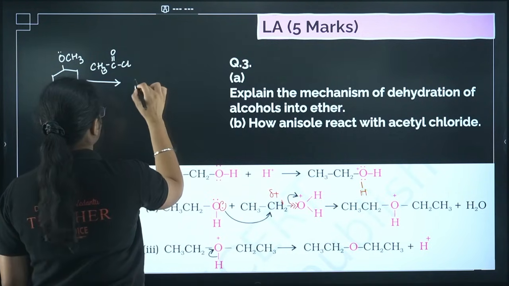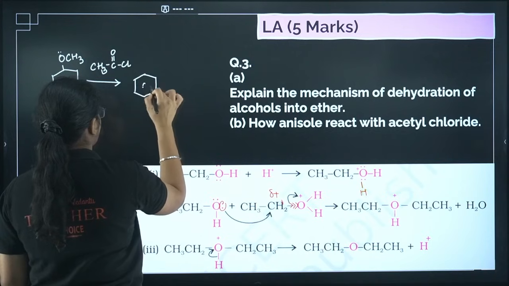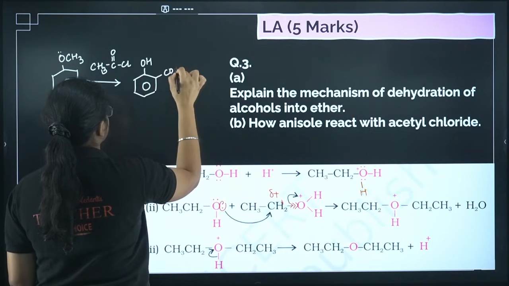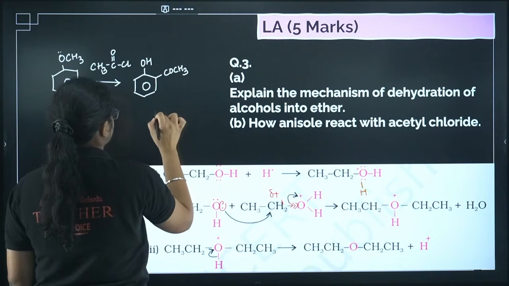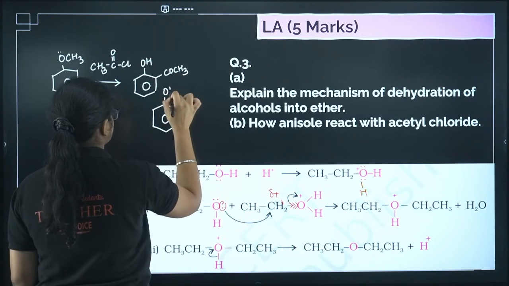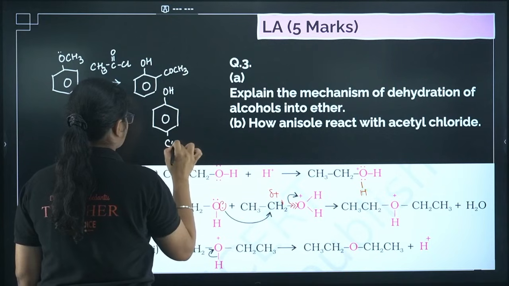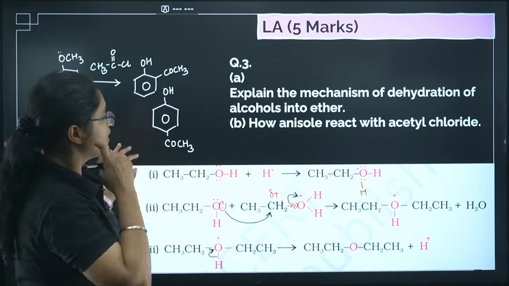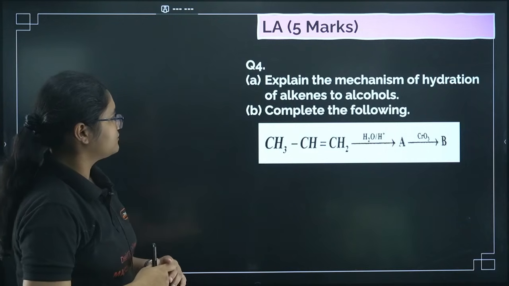So you will get two products here. One is where the COCH3 is attached to the ortho position, and there is another product where it is attached to the para position. Okay, this is done.